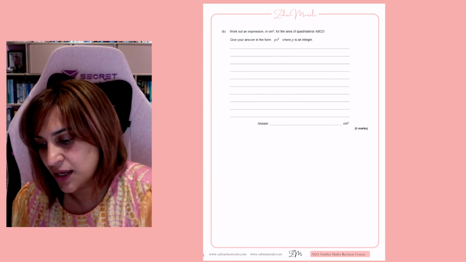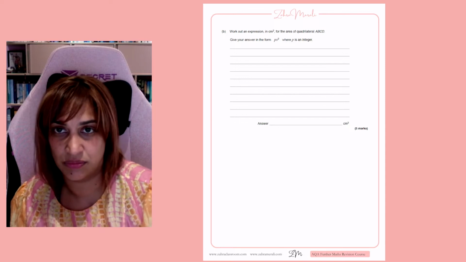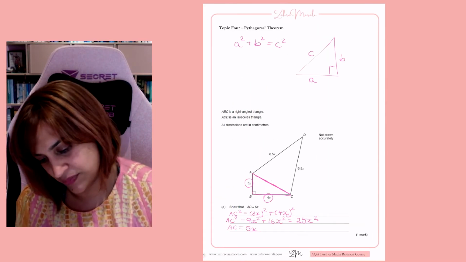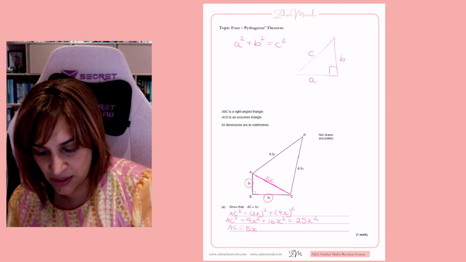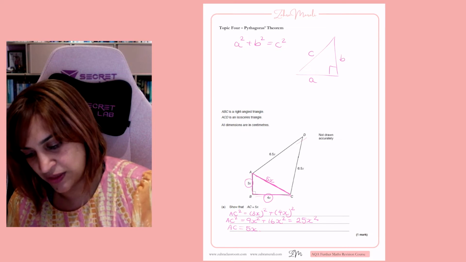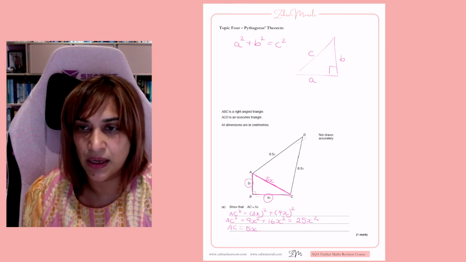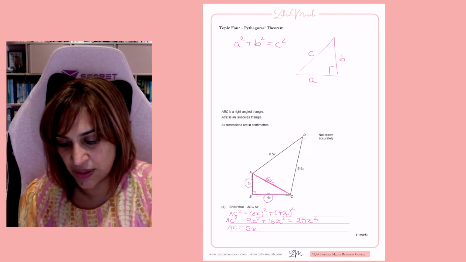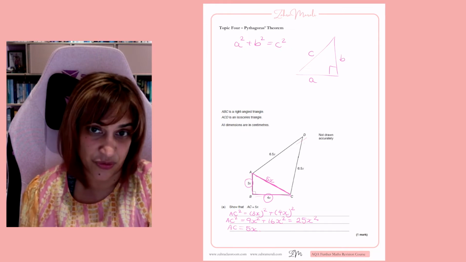Okay. Part B, we want to find the area of the quadrilateral. Okay, let's have a look at the quadrilateral. So we now know this is 5x, and they want the area of this entire shape. So 1, 2, 3, 4, which is why it's called a quadrilateral. And so we could say, okay, let's find the area of both triangles.